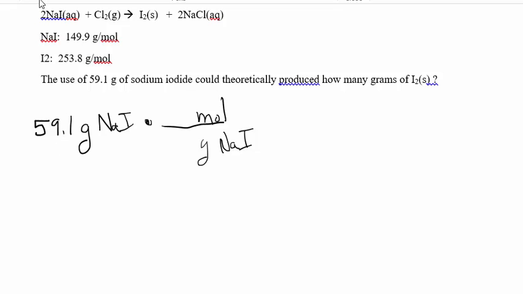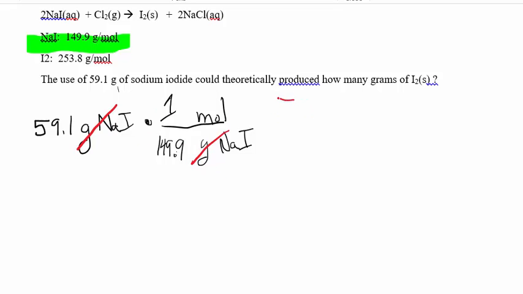So we look at the relationship up here, and I'll highlight it in green. And it says that 1 mole of sodium iodide is 149.9 grams. So now we multiply across. And remember, I'm going to cancel out what's on bottom and what's on top, right? The units.